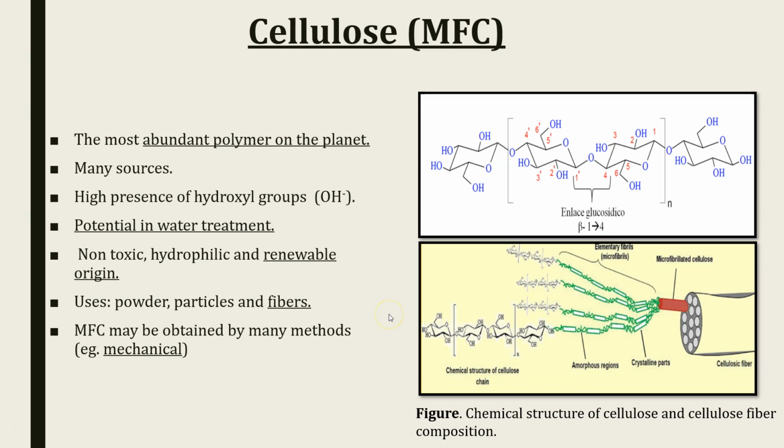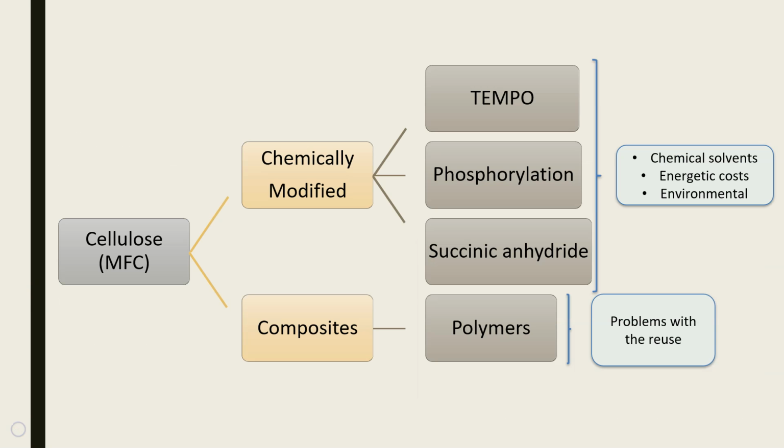In this work, we obtained microfibrillated cellulose from eucalyptus, a vegetal source, through a mechanical method, high pressure homogenization, to develop a microfibrillated cellulose membrane to treat hard water. But the problem with this membrane is the large pore size. To overcome this disadvantage, many forms of modified cellulose exist today.